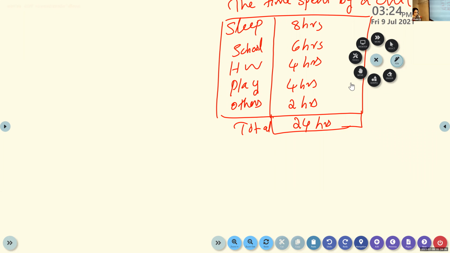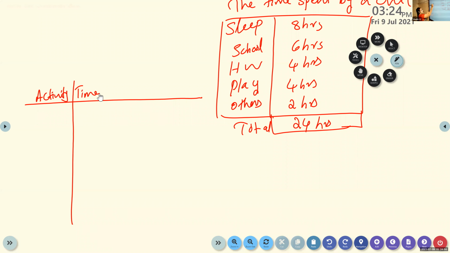Now we will start finding the central angle for this. Shall we start? So we have some activities. Activity, time or duration, you can write, then central angle.